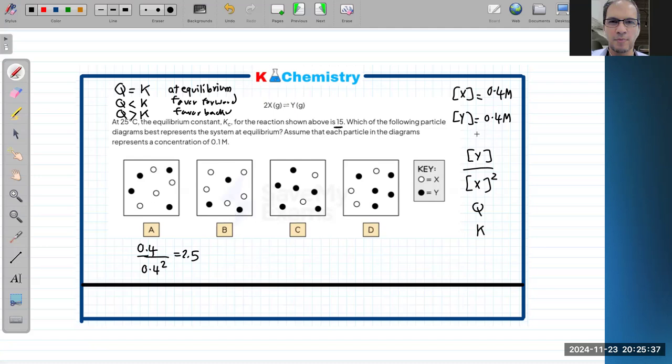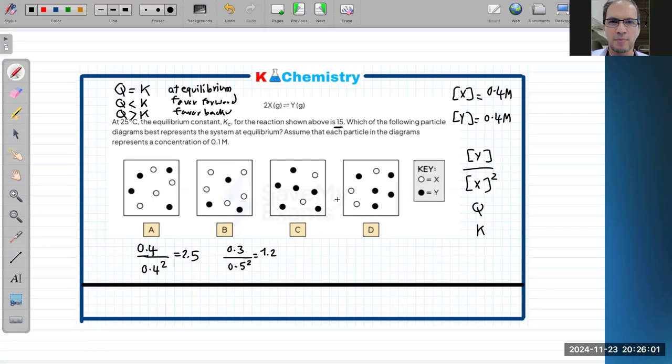The white we said is the x, so we want to do the y first, and the y is the black 3, so this is 0.3 over the 5 times, so it is 0.5 squared. So 0.3 over 0.25 is equal to 1.2. It's not the answer also.